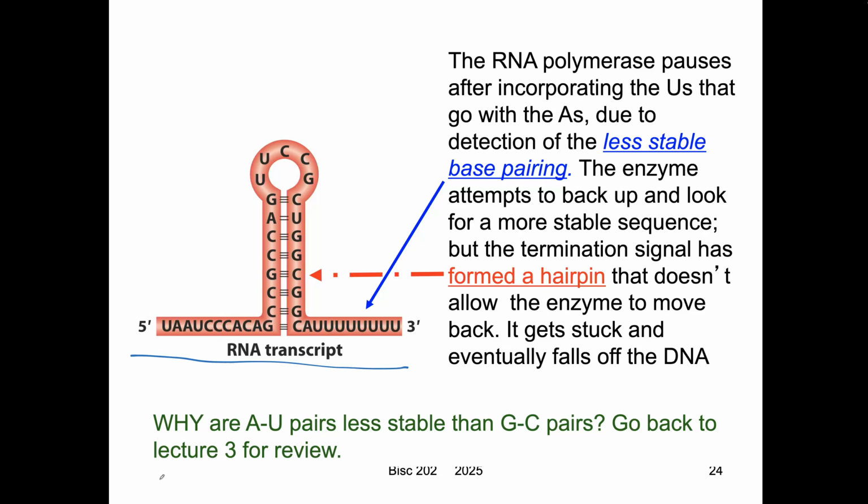When certain unstable nucleotide pairs are detected, and there's a whole bunch of them in a row, there's a stopping and an attempt to back up. And when it can't back up, then it's unable to go through the check process and continue with transcription, is the idea.